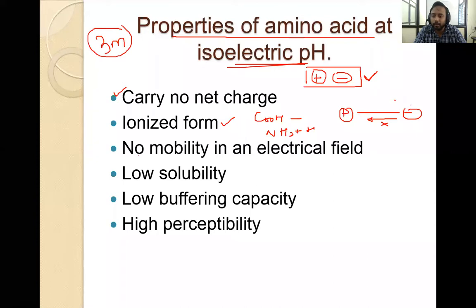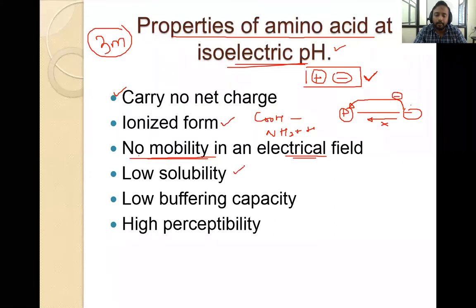But if it was, for example, a negatively charged molecule, it would start migrating from the negative electrode to the positive electrode. But at the isoelectric pH, amino acids are electrically neutral, so they do not show any mobility when subjected to an electrical field.